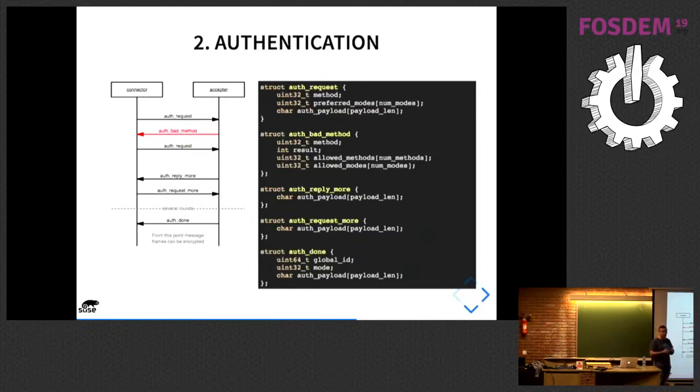Okay, and this was one of the limitations that we had in the V1 protocol, which had only one round trip. Well, it was not easy to extend to have more round trips. So the last message, the entity that finishes this is the acceptor, by sending an auth done message to the connector saying, okay, the authentication is done, and we can proceed.